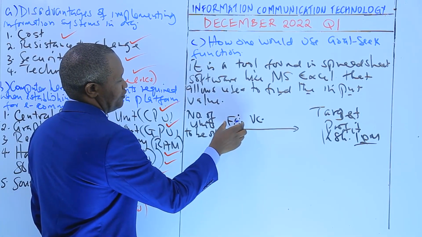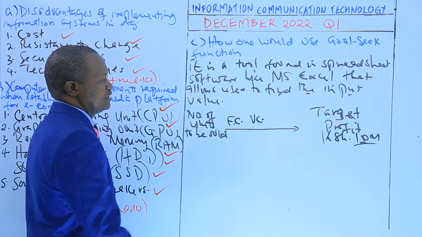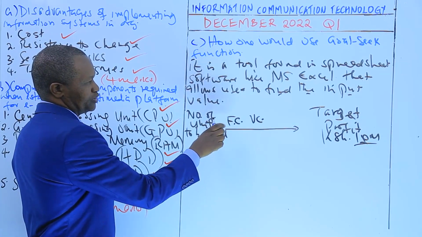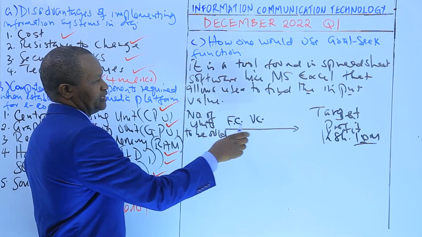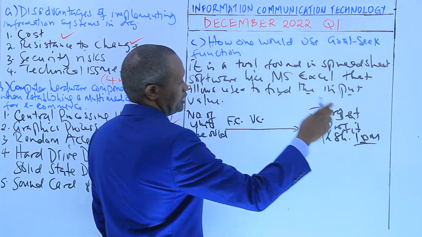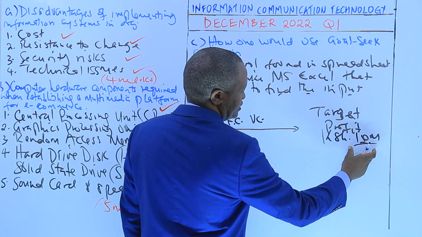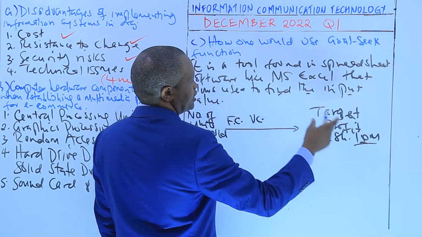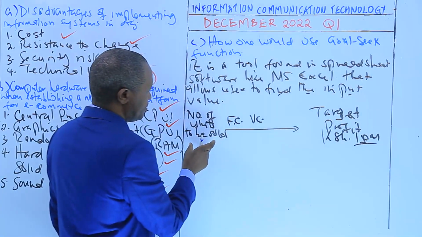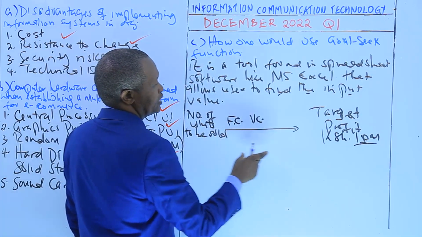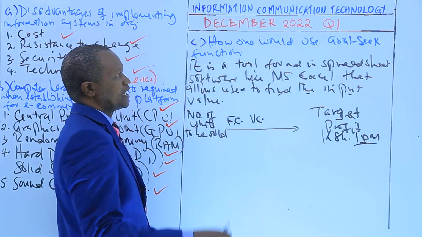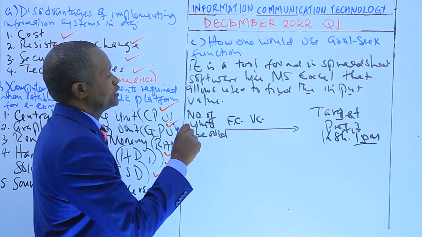With the fixed cost that a company incurs and the variable cost per unit, with these inputs, then the desired profit can be attained. But the starting point is the target profit. The software can help the user to determine the number of units to be sold in order to achieve the profit of 10 million. So that is how one would use a goal-seek function.